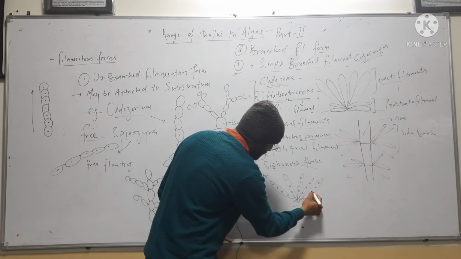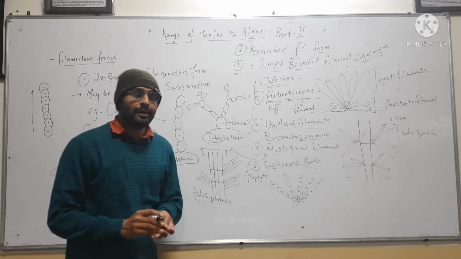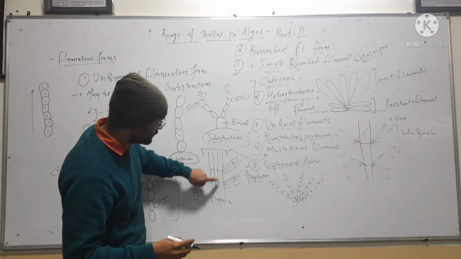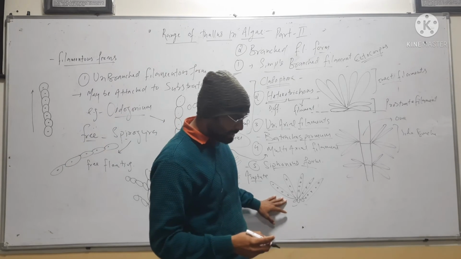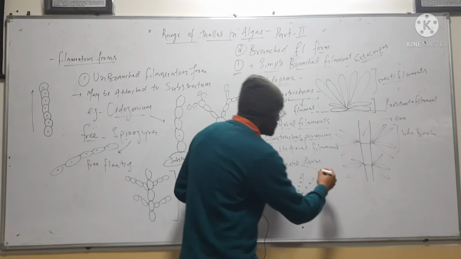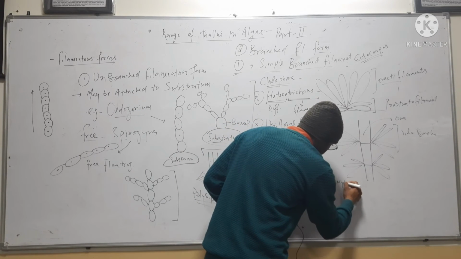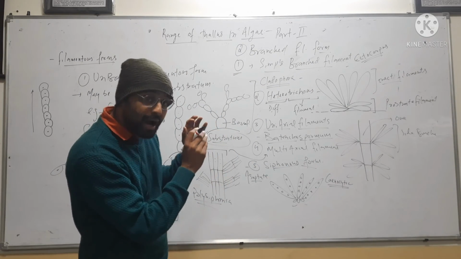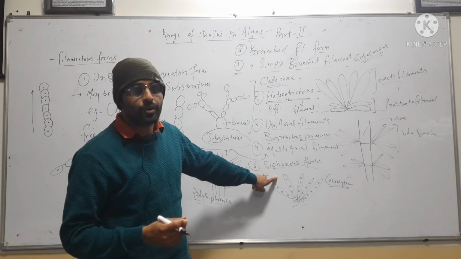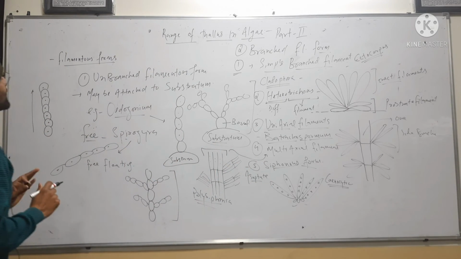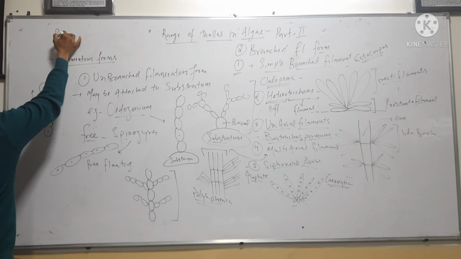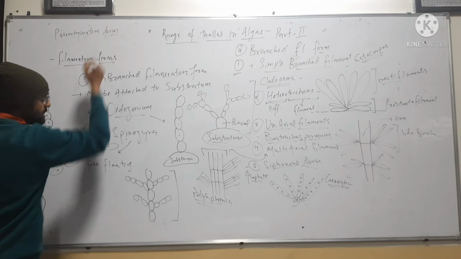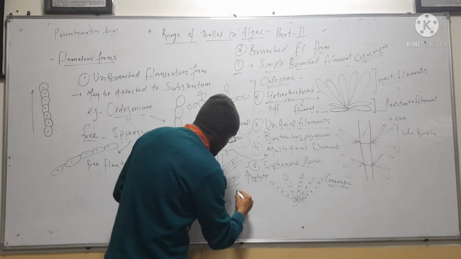Here you can see that there is a septa, but in this form septa is absent. So aseptate and multinucleate, it is also called coenocytic. Multinucleate, coenocytic, aseptate, branched filaments are called siphonous form. Example of this siphonous form is Vaucheria.